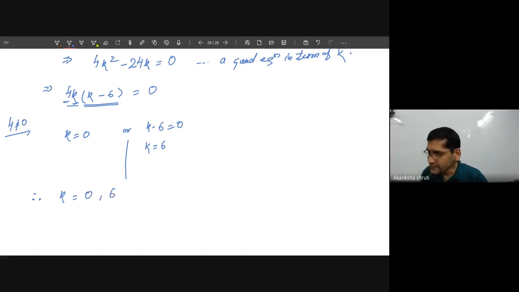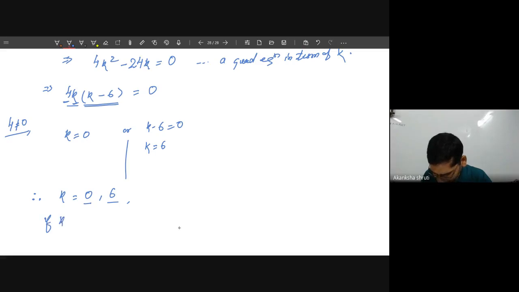But students, the answer is not ending here, because whatever the condition is given, whether it is satisfied for both 0 as well as 6 or not. That way you have to select whether both are possible or only one is possible. So here you have to verify it.